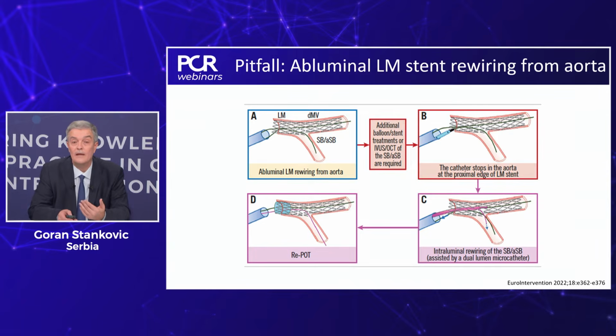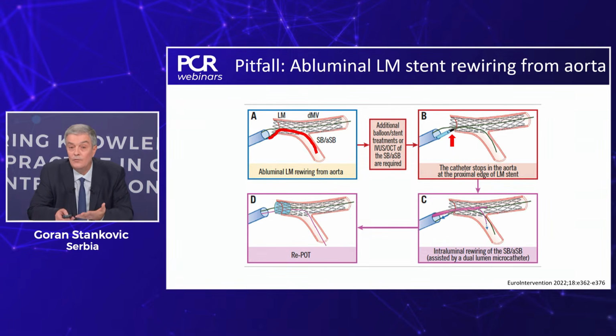This is a very similar pitfall, just the wire does not go throughout the length of the left main abluminal. It goes a couple of struts outside of the stent and then re-enters the stent and then enters the circumflex. So if you need to go with an additional balloon to do POT, to do kissing, or to do imaging, you have resistance and the catheter stops in the aorta at the proximal edge of the stent.